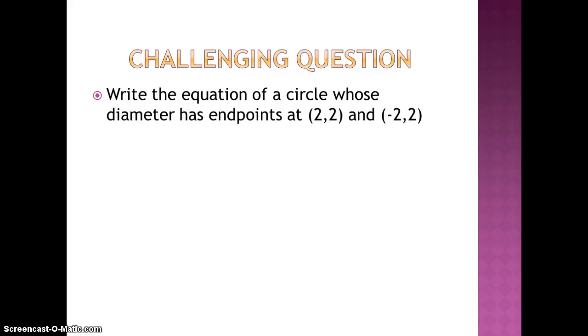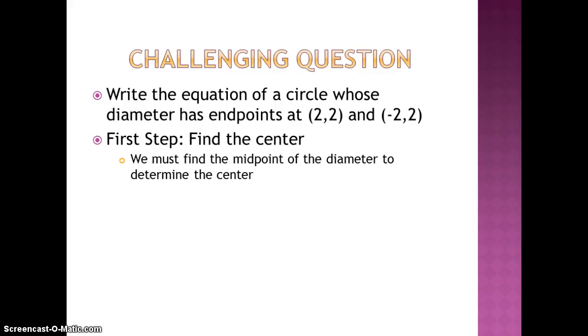Challenge question. Write the equation of a circle whose diameter has endpoints at (2, 2) and (-2, 2). So the first step we want to do is find the center of the circle. We must find the midpoint of the diameter to determine the center.